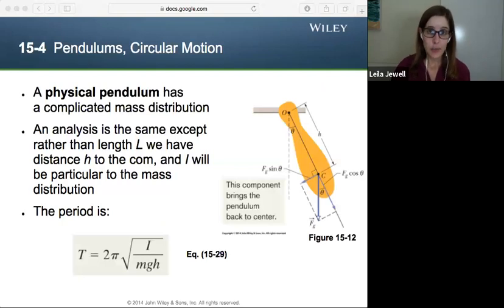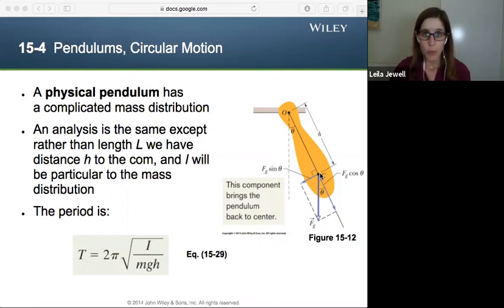Now, a physical pendulum has a more complicated mass distribution. So here's an example with what looks like a bowling pin, right? So not all the mass of the bowling pin is at the very furthest edge of it. Instead, the center of mass is somewhere offset from the edge.